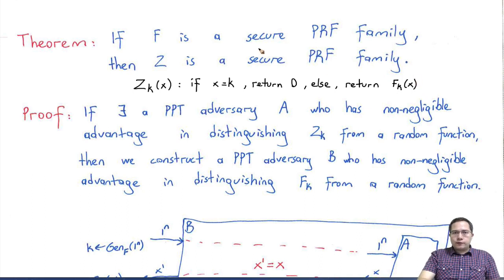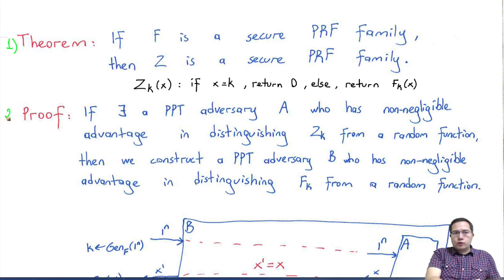And the theorem we are trying to prove is that if F is a secure pseudo-random function family, then Z, defined as follows, will be a secure pseudo-random function family. Let's remember our proof strategy. Whenever we are trying to prove something, first start by writing down the theorem. This is step number 1.